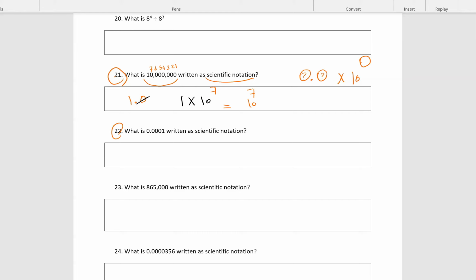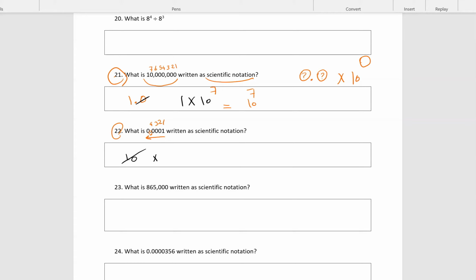In number 22, because the zeros are behind the digit and we have 1 point, we count from 1 2 3 4. It's 1 point something, so we skip this one.